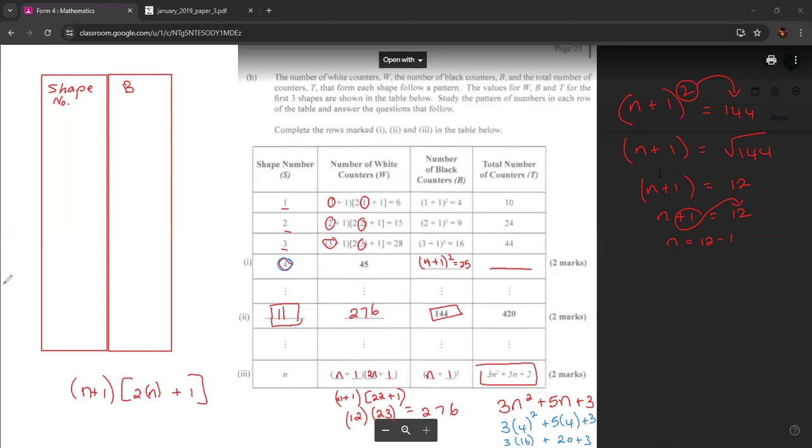Right, so this becomes 16 times 3. That's 48 plus 20 plus 3. That would be 71.